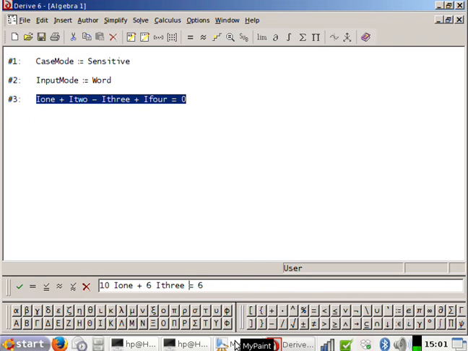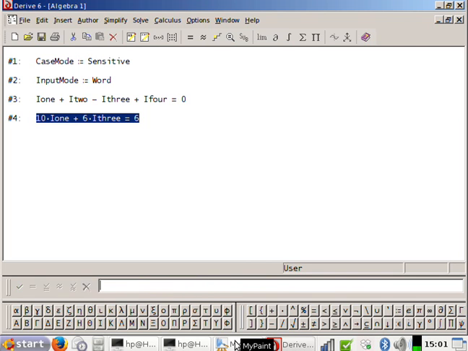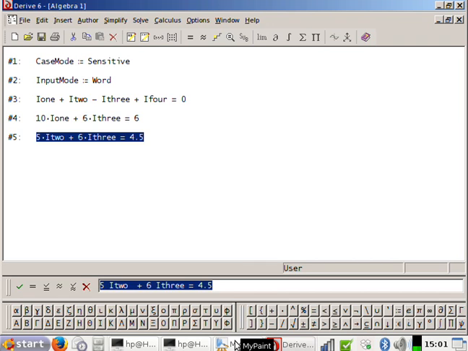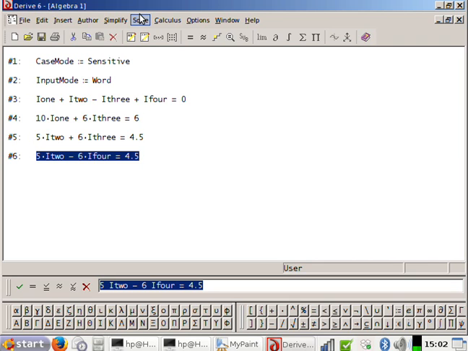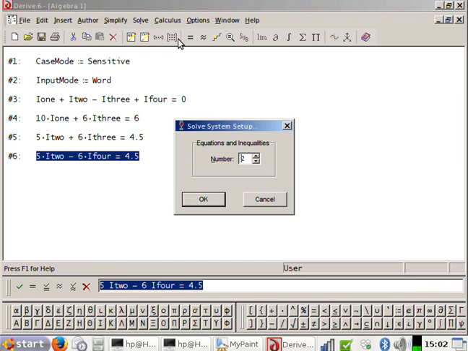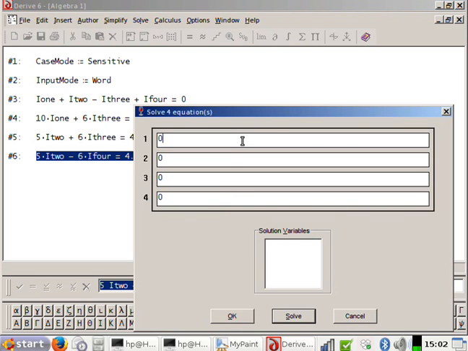Like this? Okay, what's next? 5I2 plus 6I3 equals 4.5. Okay? 5I2 minus 6I4. Alright. So if I get the right answers here, it means I have the right equations, because the computer does not make a mistake.